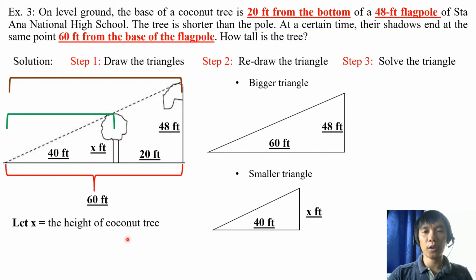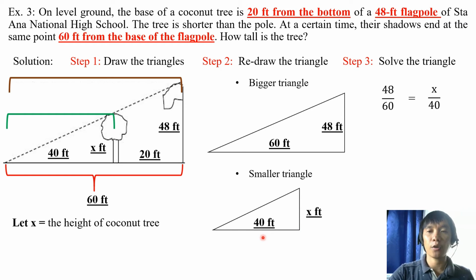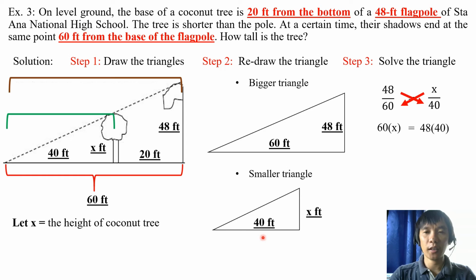Next we are going to solve our triangle using ratio and proportion. So that's 48 over 60. On the other side, our numerator will be x and our denominator will be 40. Then applying cross product, it will be 60 times x, that will give us 60x, and 48 times 40.